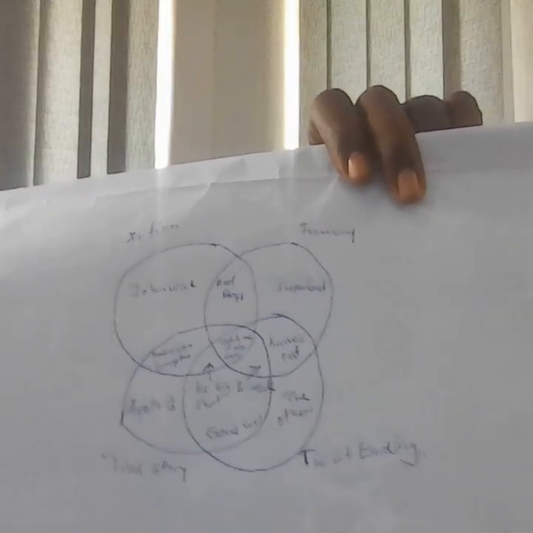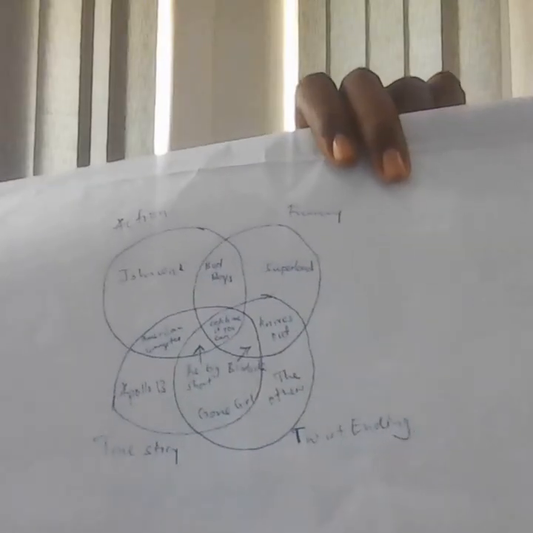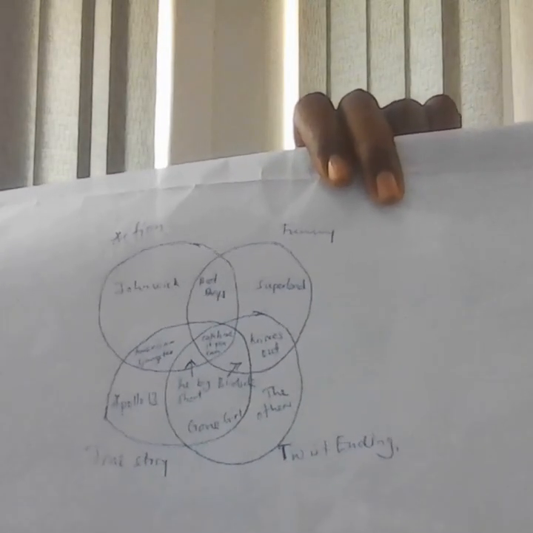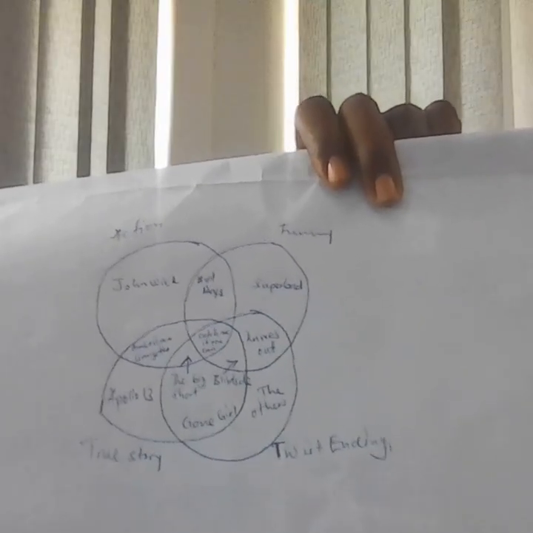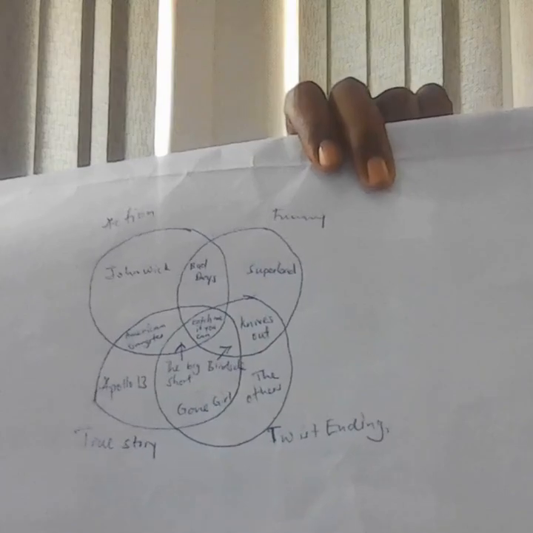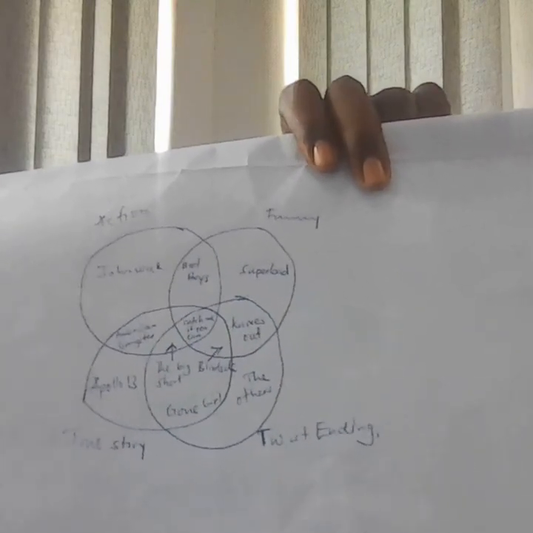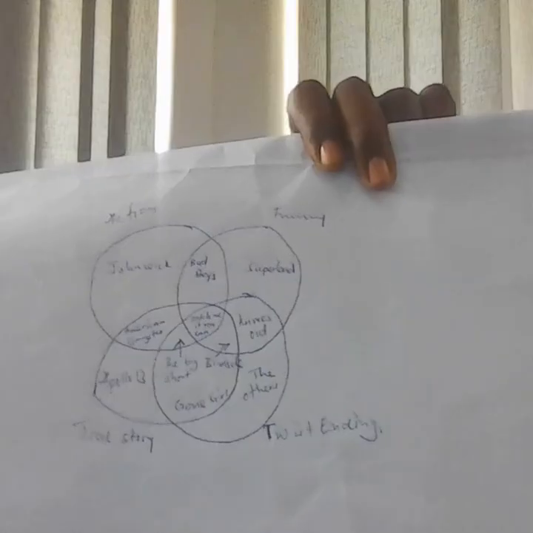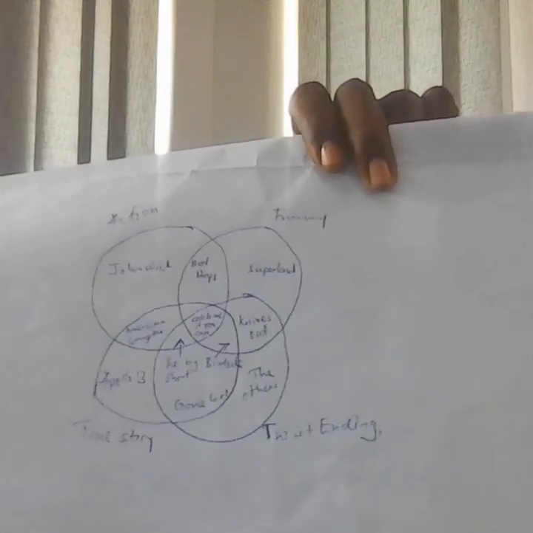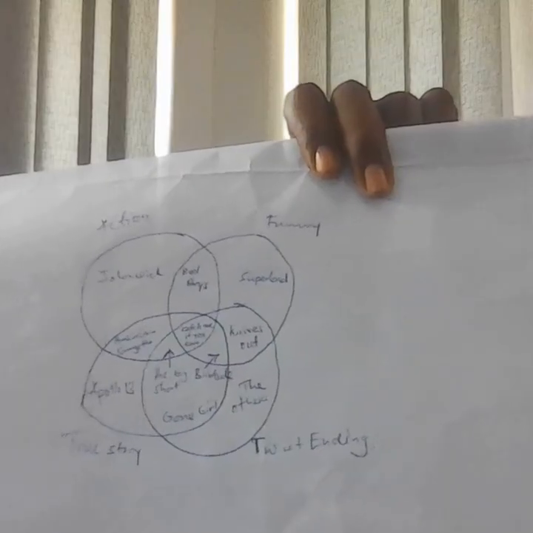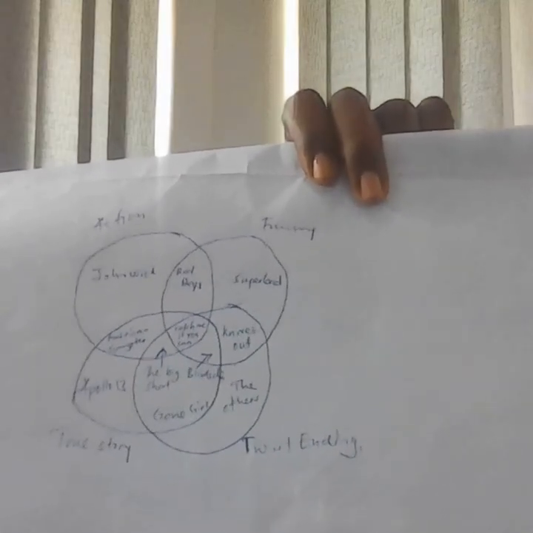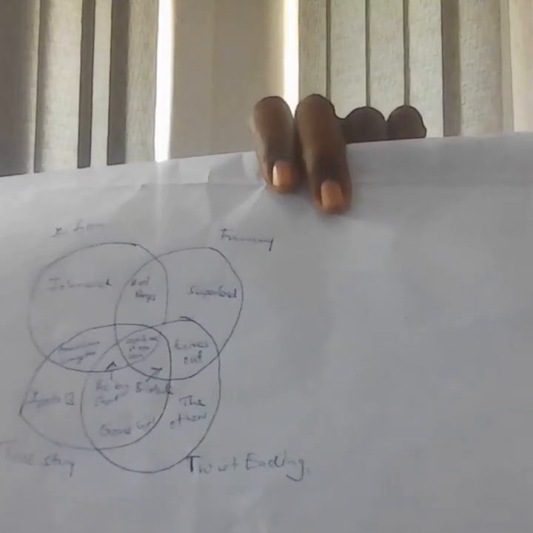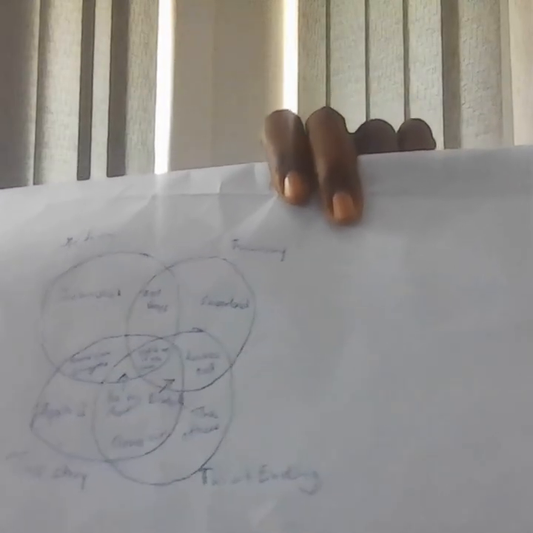Knives Out sits in the funny and twist overlap. It is a comedy with a twist ending, but not really an action movie and not a true story. Gone Girl is in the true story and twist overlap, based on real events with a shocking twist. Then moving to the three-way overlap, you have War Dogs in action, funny, and true story.